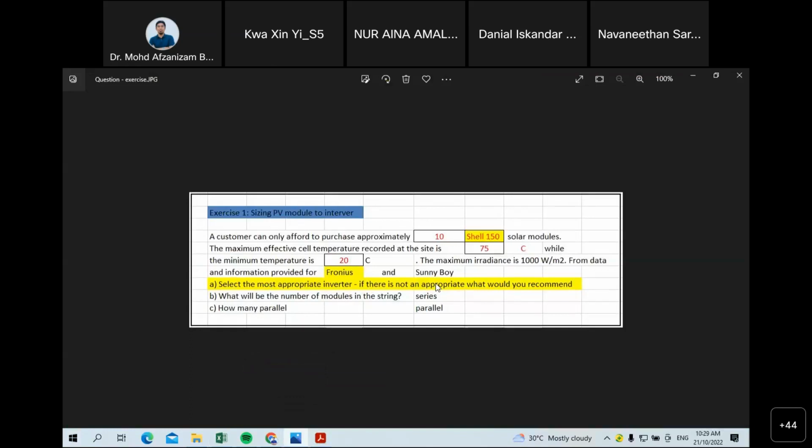Then we check in the data sheet what is the closest to that value, and we found that the IG15 from Fronius, which offers 1300 watt, is the best to be selected for the A question. So far, any question, guys, for the A answer?